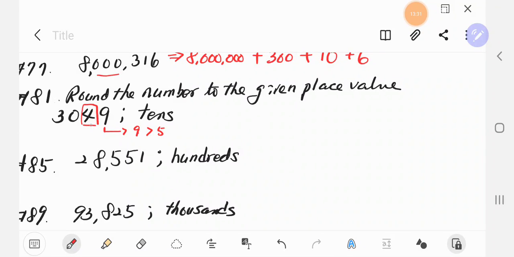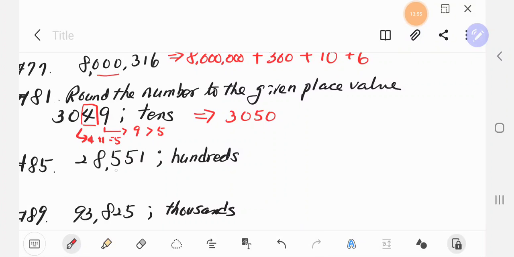Yes. So we will add 4 by 1. So it will be 3,050.